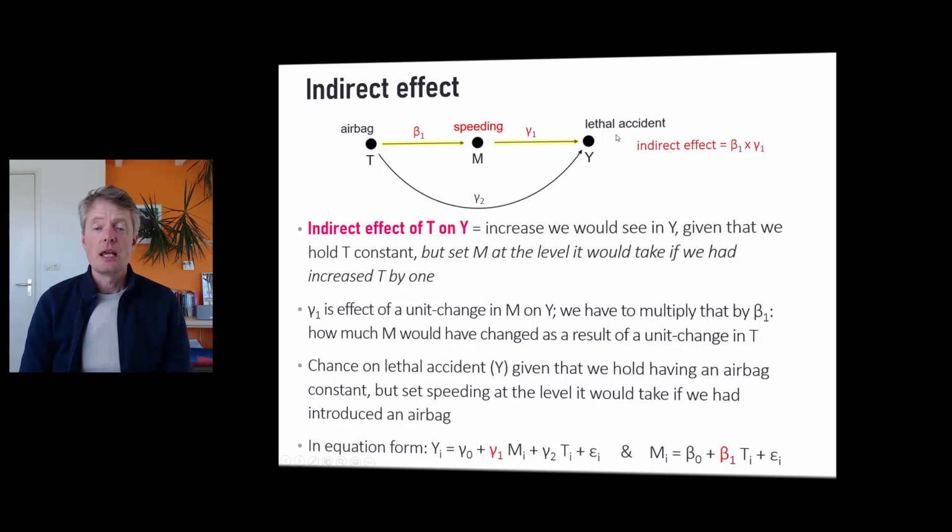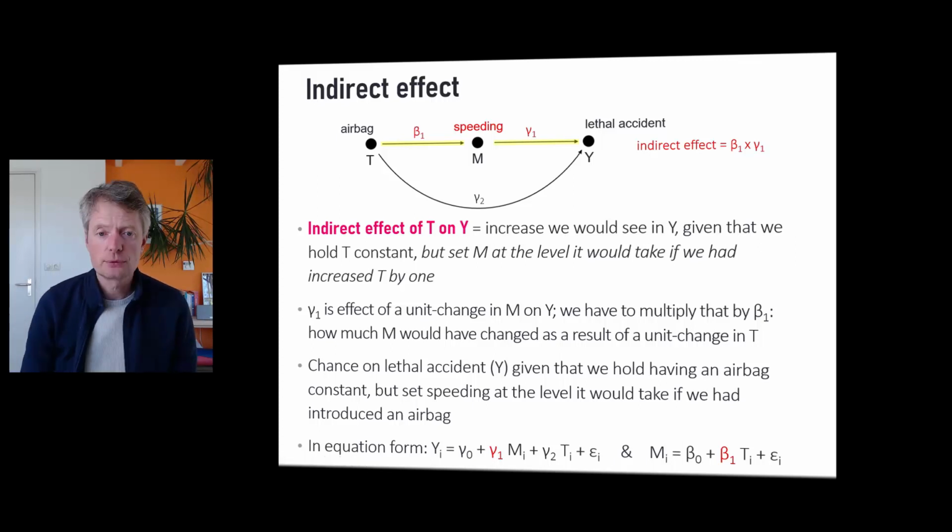It's the increase in the outcome given that we hold the treatment constant, but set the mediator at the level that it would have taken if we had increased T by 1, i.e. we look at the relationship between T and Y, and then look at how M would have affected Y if M changes to the extent that T affects M, but we actually hold T constant.